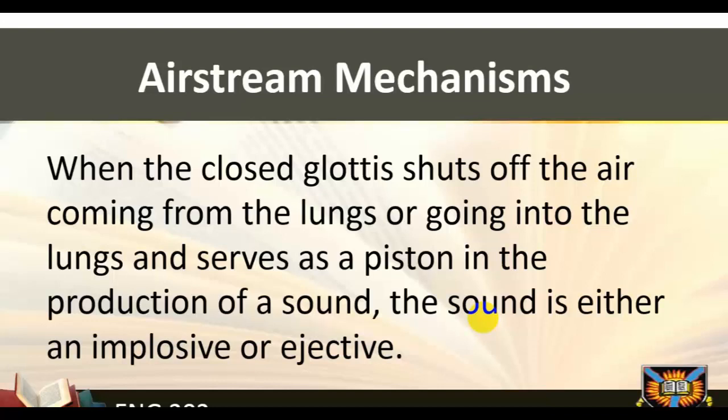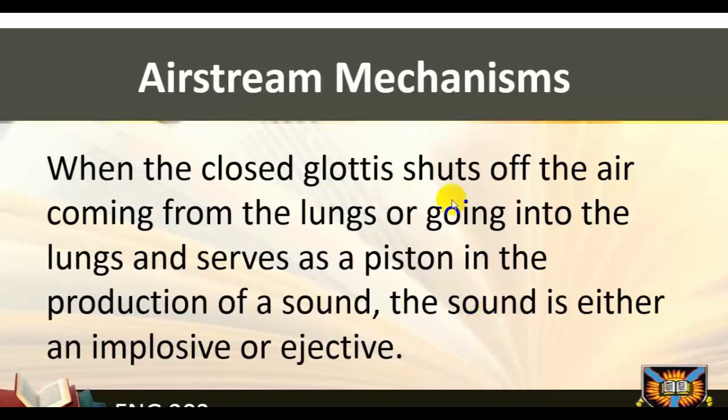Let us discuss the other airstream mechanisms. Though they are not used in the production of English sounds, it is still good to know about them as scholars of linguistics. The glottalic airstream mechanism is initiated at the larynx. Remember, glottis is the name given to the passage in the larynx.